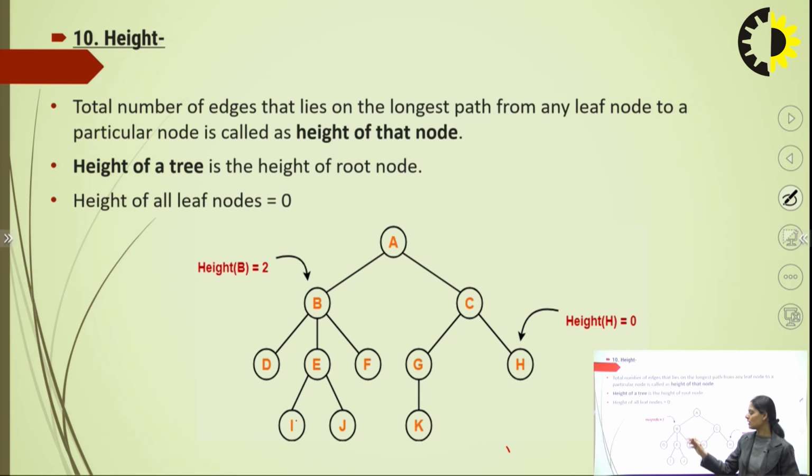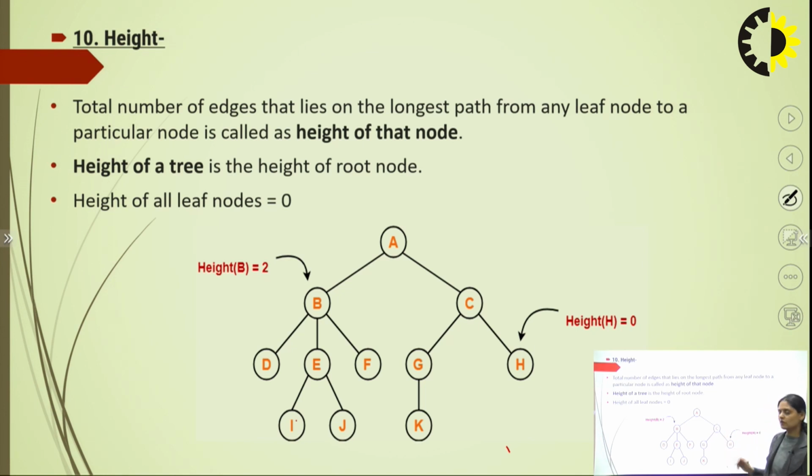So, the height of B is 2, height of C is again 2. From K, K is a leaf node. So from K, the height of C is 2. From H, the height of C node is 1. So from 2 and 1, 2 is the bigger number. So the longest path is 2. So the height of C is 2.